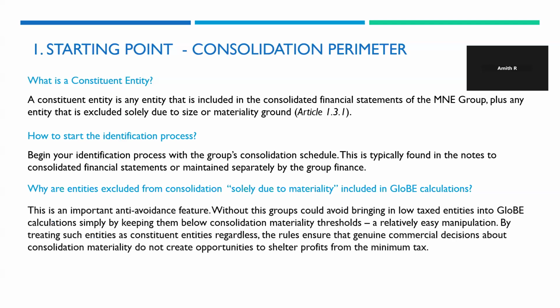Now the reason is this is an important anti-avoidance feature. Some MNE groups can hide, on the basis of materiality, by not consolidating certain entities which are in a no-tax zone.